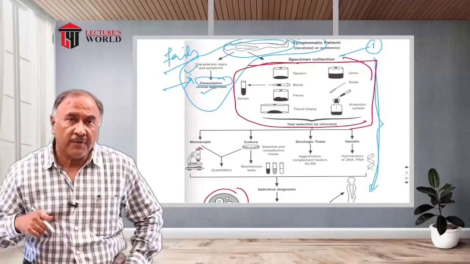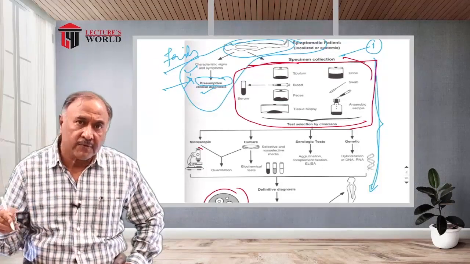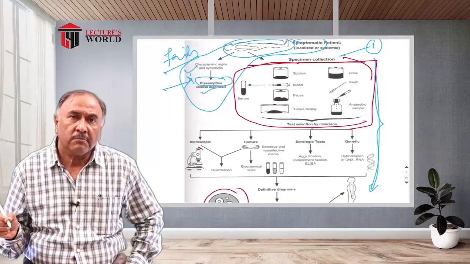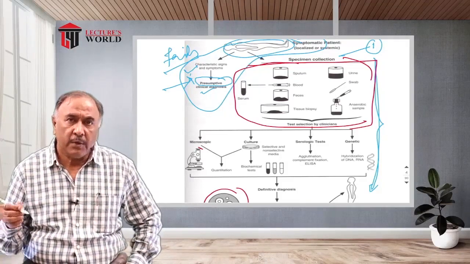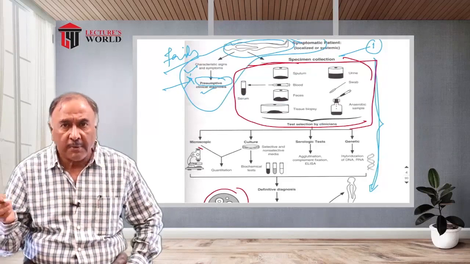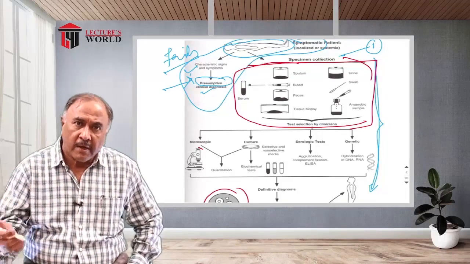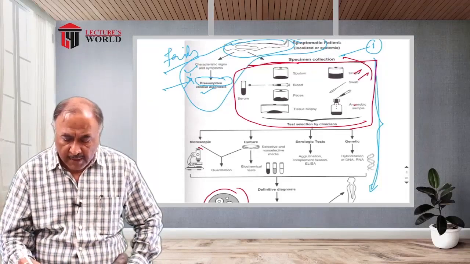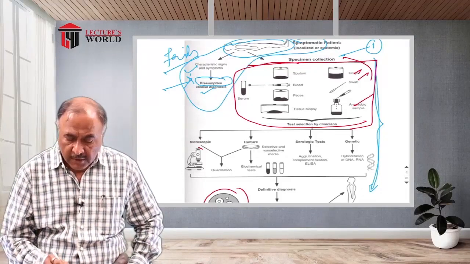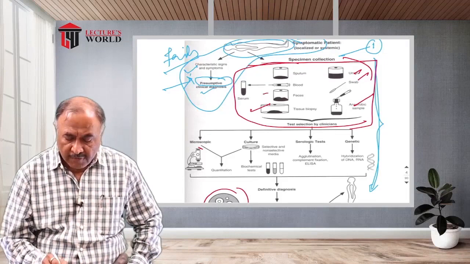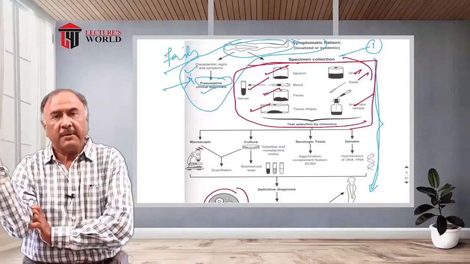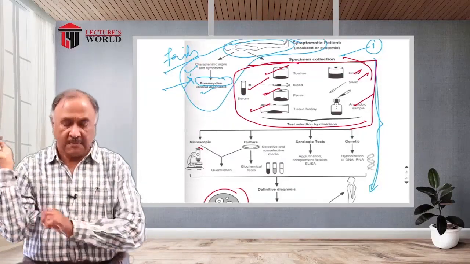On the basis of his choice, he would advise to go for a urine analysis or to give blood to the laboratory where they will make the identification. So it can be urine, swab, anaerobic cultivation, tissue biopsy, fecal materials, sputum and blood. These can be the routine specimens.